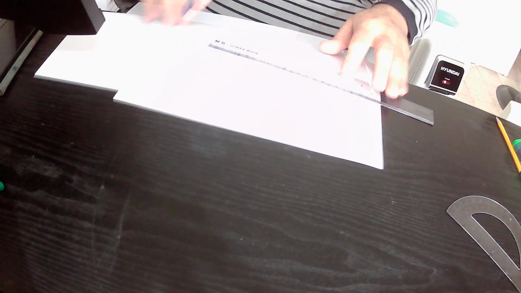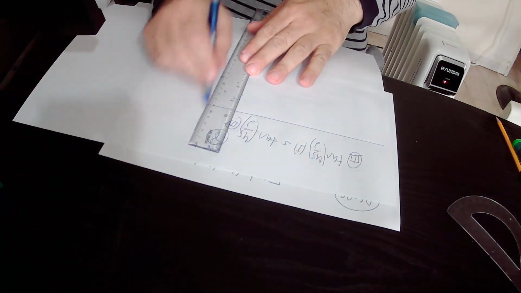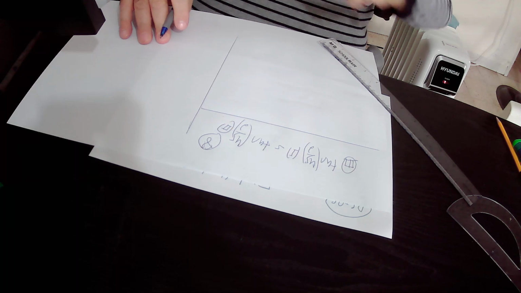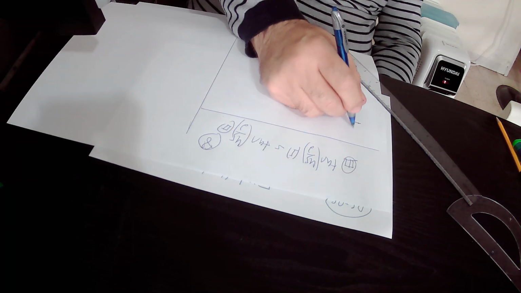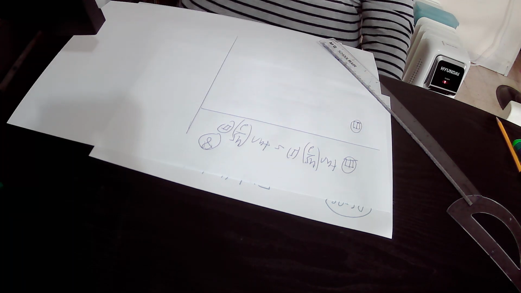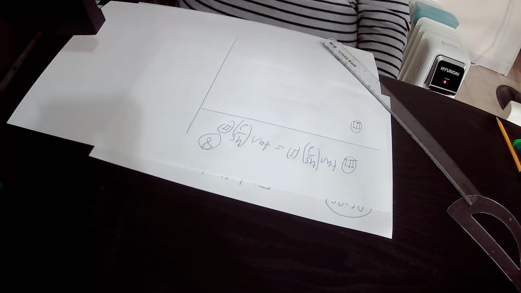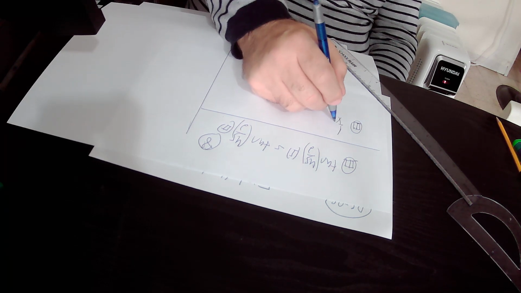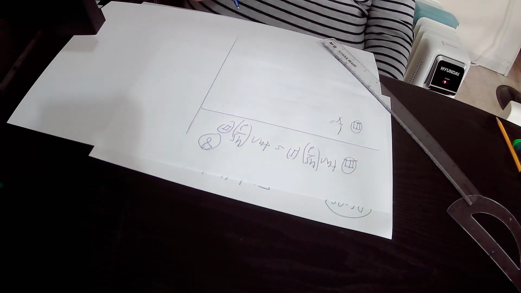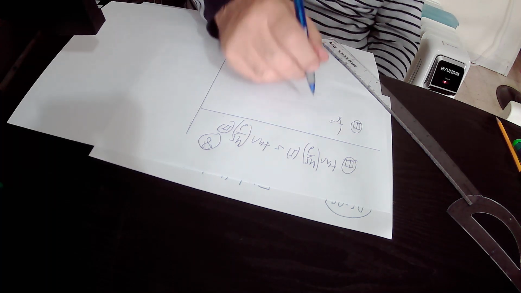Tangent of 45 over 2 degrees according to equation number 1 equals 1 over x, and it must be equal to tangent of 45 over 2 degrees according to equation number 2, which equals the square root of 2 minus 1.